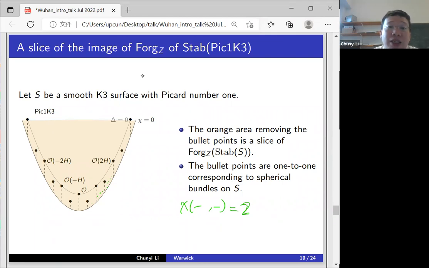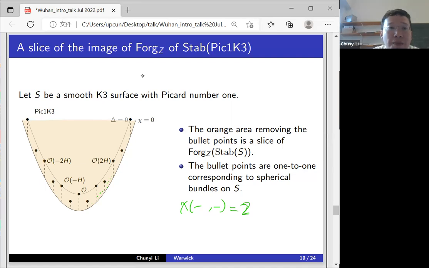And the orange region, removing all of these bullet points, is just the interesting slice, telling you about the fundamental group of the quotient space that I mentioned before, as the image of the forgetful functor in the space of central charges.